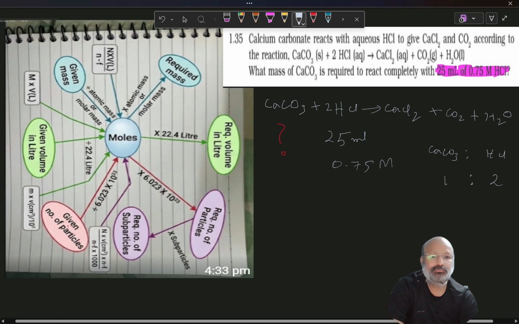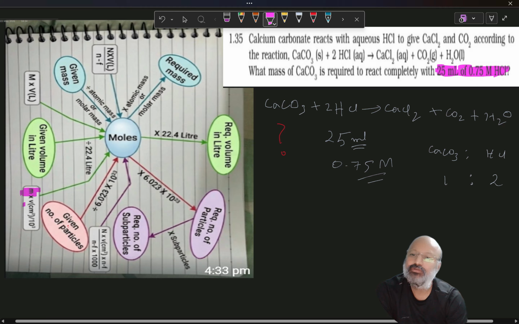For that reason, I'll see how to reach to moles from volume in ml and molarity. So if you check volume in ml and molarity, where it is there, you can see this. I'm just highlighting so that you can see it carefully. They are saying to multiply molarity and volume and divide by 1000. So I'm going to do this.